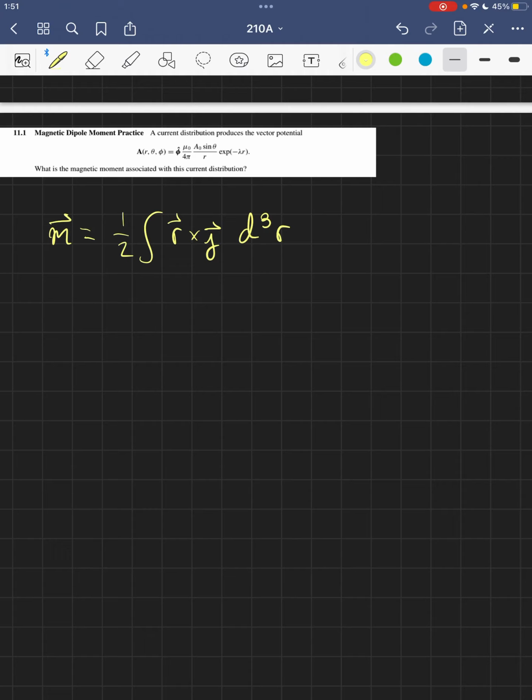All right. So to get this, we need to get J, right? So J is nabla cross B, or the curl of the magnetic field, which we can rewrite again as the curl of the vector potential.